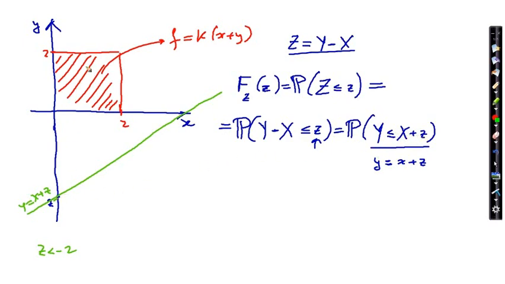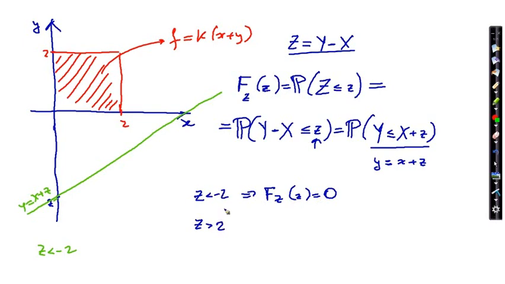Because we do not have intersection with this, we need to integrate 0 in this region, then we will get 0. So in this case, if z is less than -2, then F_Z at the point z will be 0.